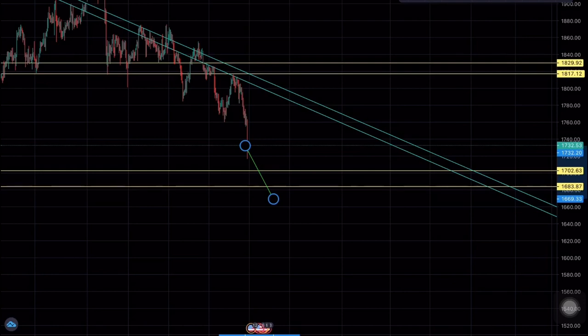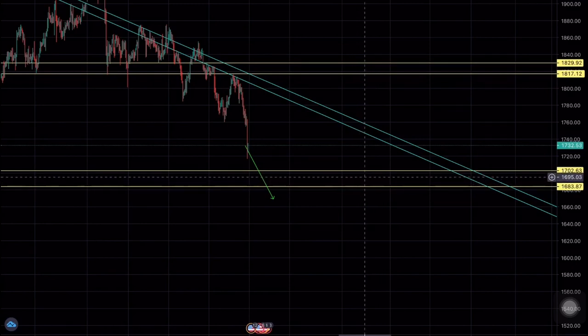With that said, the stop loss of the long position which we triggered would also be hit in around this particular area.